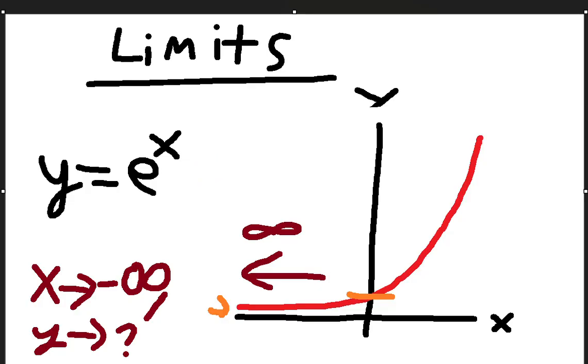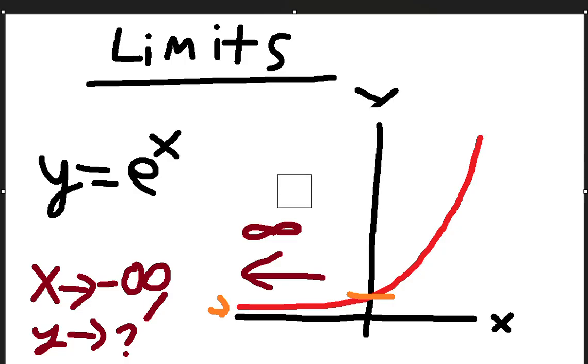Like if we set 0 equal to e to the x, there is no solution for x that will ever equal 0, because you would have to raise e to an exponent and get 0, which is impossible. But e to the x can approach 0, in this case. And if that might sound a little bit useless, and in a way it kind of is, it mostly has a use in math.